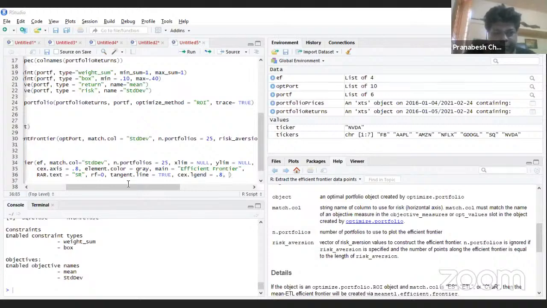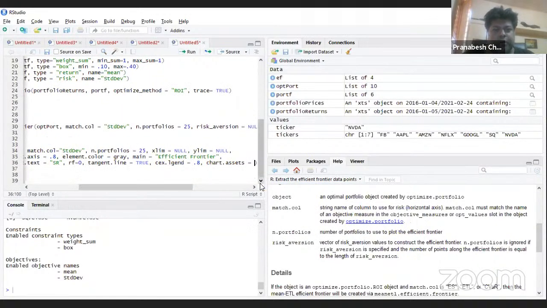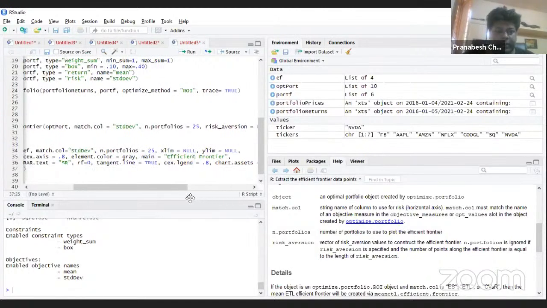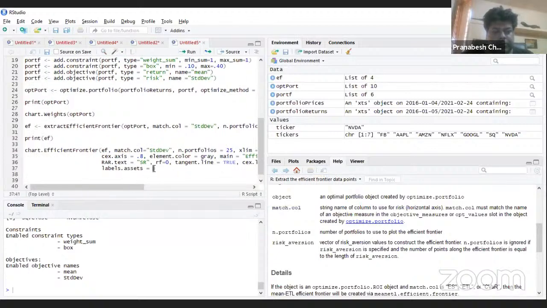We don't need to bother that much about the chart. More or less, this will be the same for most of your calculations. Most of the other times that you create your efficient frontier, it is going to be the same. Labels.assets, that you can also make true. And then pch.assets, this is basically 21. And let's put the cex.assets.